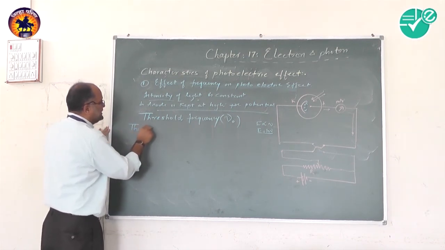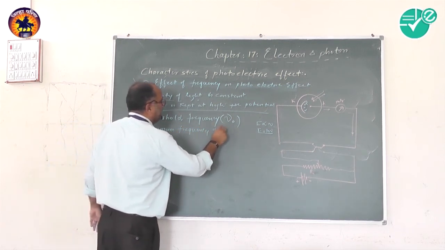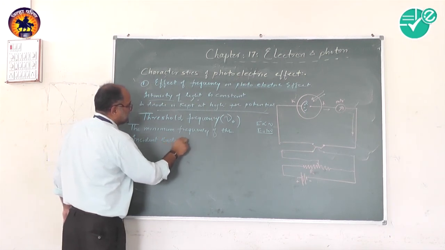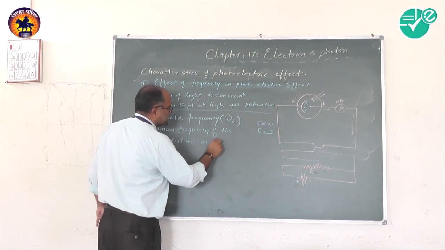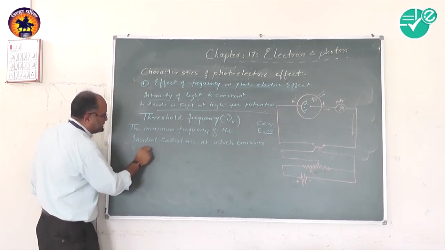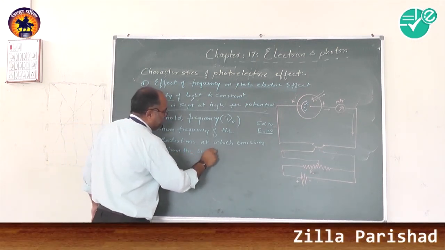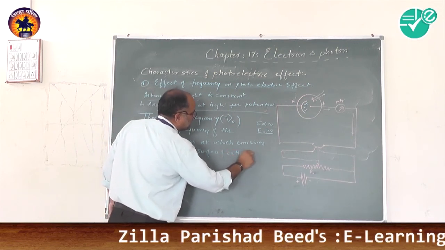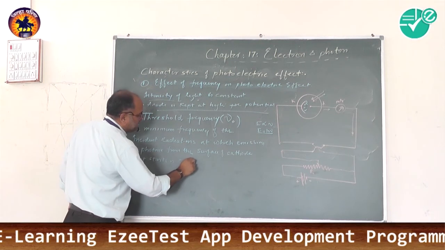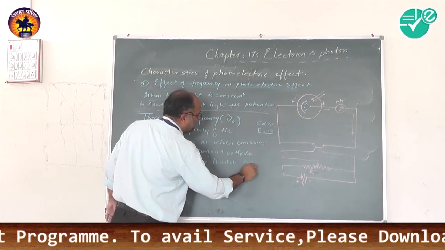The minimum frequency of the incident radiations at which emission of electrons from the surface of cathode just starts is called the threshold frequency.